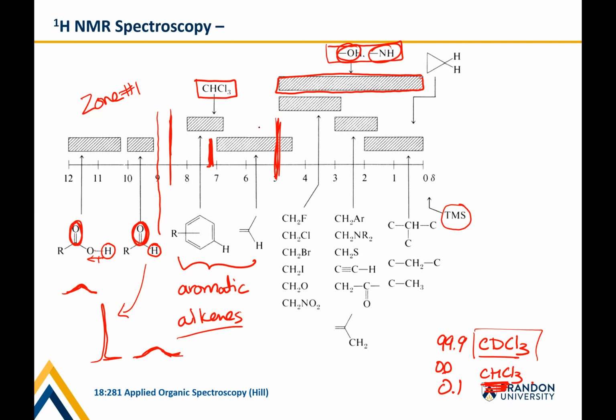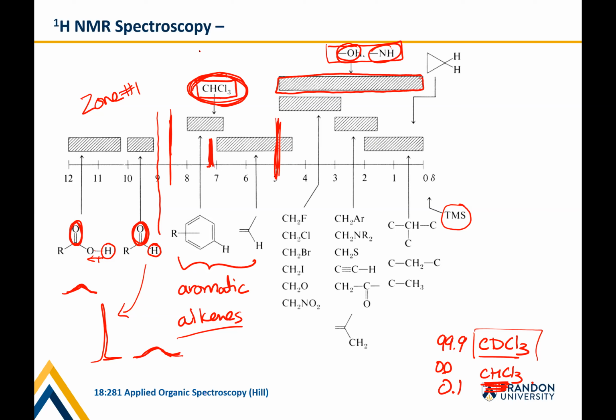They place the other resonances based upon that as opposed to TMS. When the spectrometer goes through the process of locking on the sample, locking on a frequency, it's locking on the residual chloroform peak, and so everything will be in relation to that.